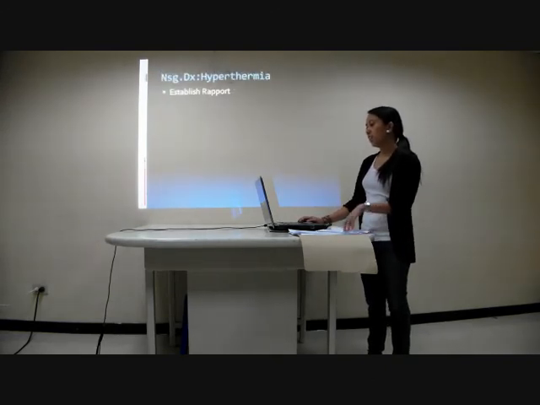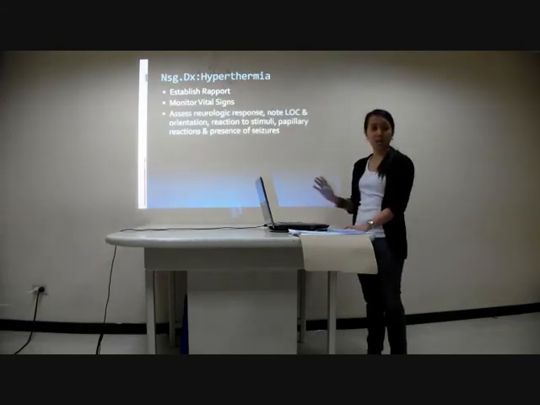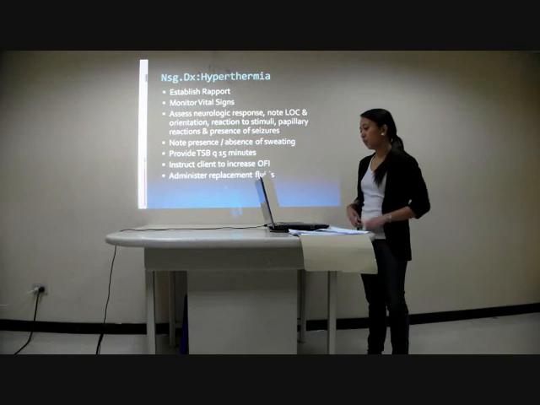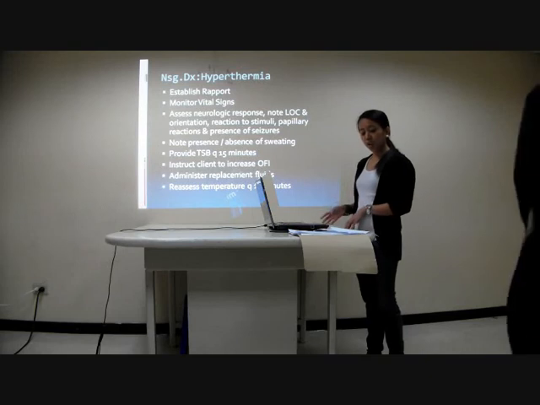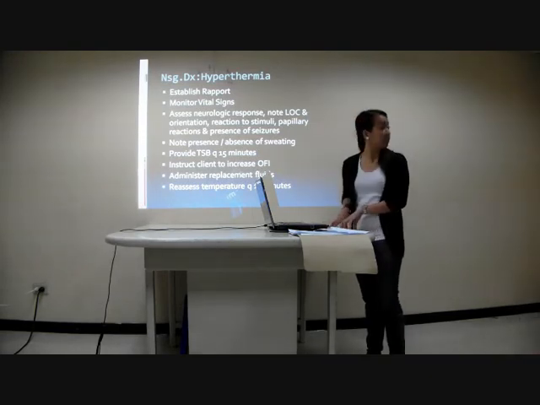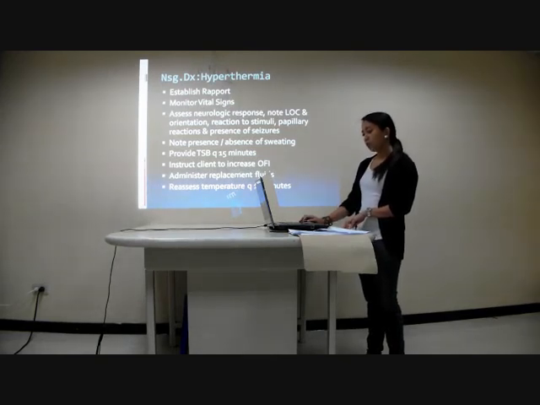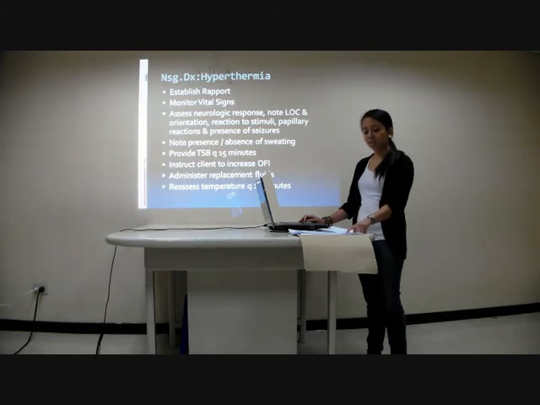The second nursing diagnosis I have identified for patient JD is hyperthermia. The first nursing intervention, as usual, is to establish rapport wherein we can gain the trust of the patient, especially the folks. Another one is to monitor vital signs. As mentioned earlier, this is also to have baseline data.